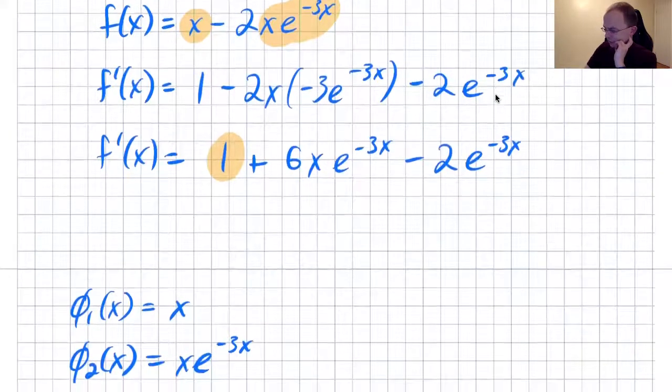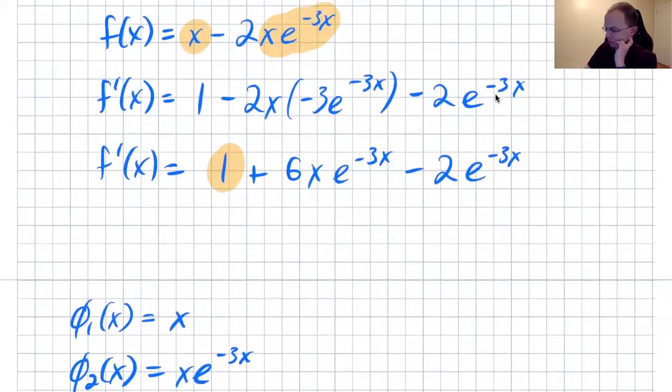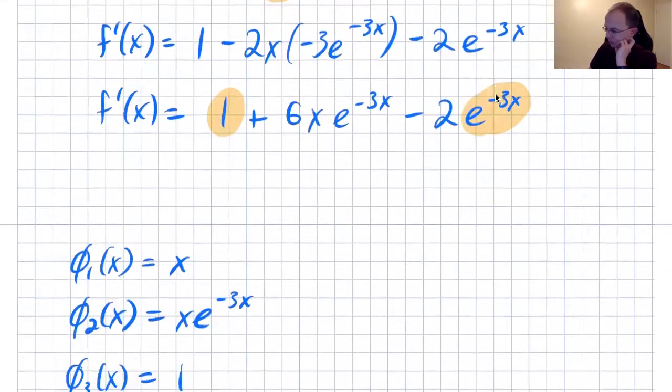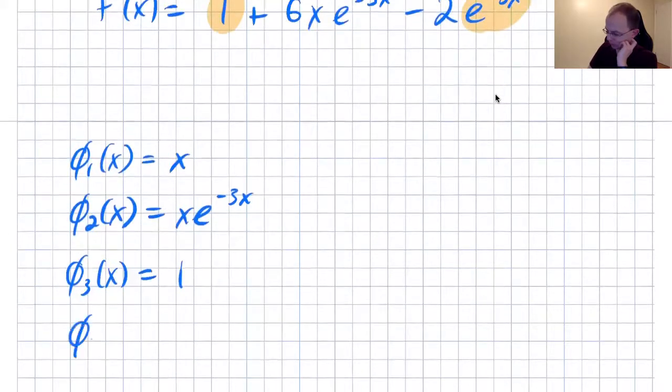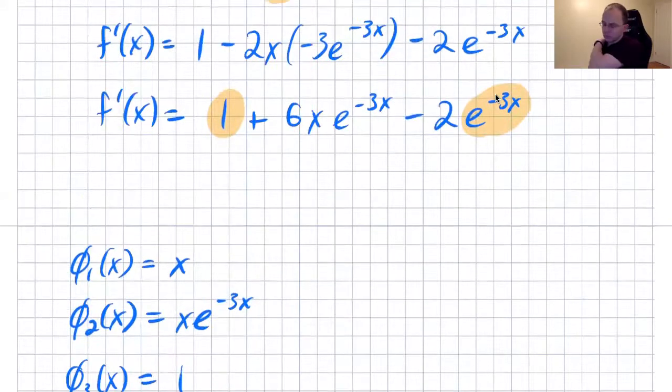And let's see, what else do we have? We have an x e to the negative 3x, which we've already seen up here, so we don't need that again. But this is a new term, we don't have this one yet. So let's write that in our list: e to the negative 3x.